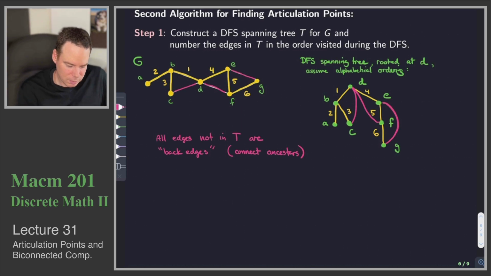And the thing to notice is the endpoints of all these edges are ancestors. So starting at C, D is an ancestor of C. Starting at F, D is an ancestor of F. Starting at G, E is an ancestor of G. So it connects ancestors.